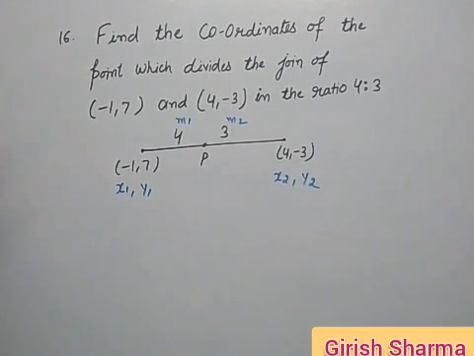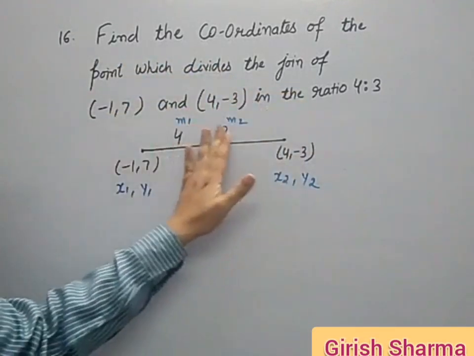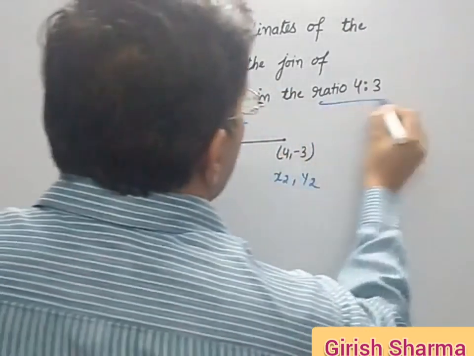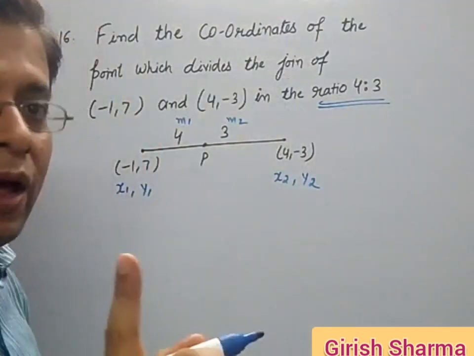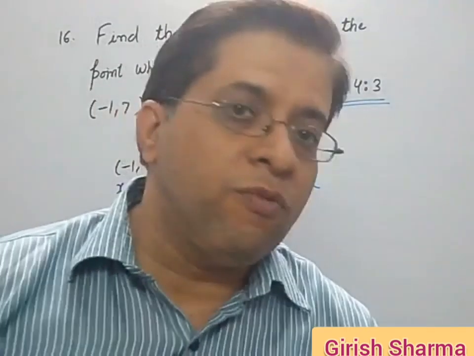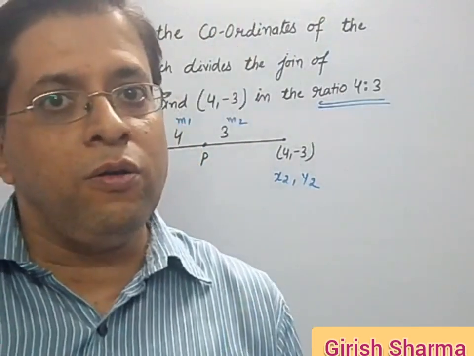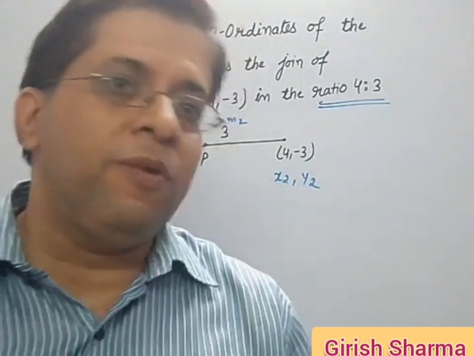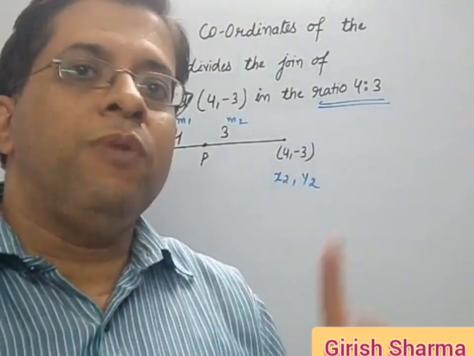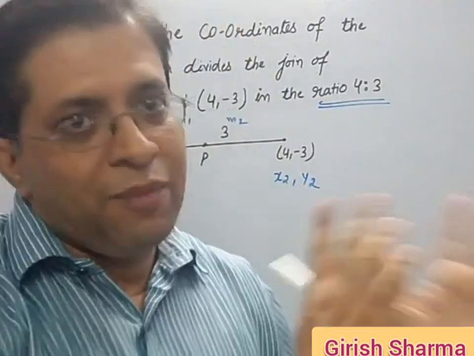Next question here. Find the coordinates of the point which divides the join of these two points in the ratio 4:3. Ratio means the section formula is there. What is our section formula? Tell me. (m1 x2 plus m2 x1) upon (m1 plus m2), comma, (m1 y2 plus m2 y1) upon (m1 plus m2).